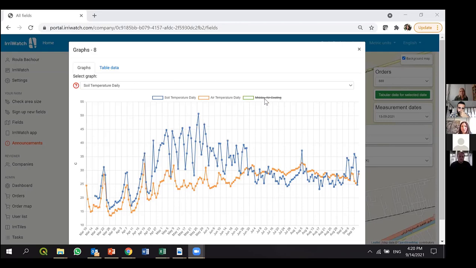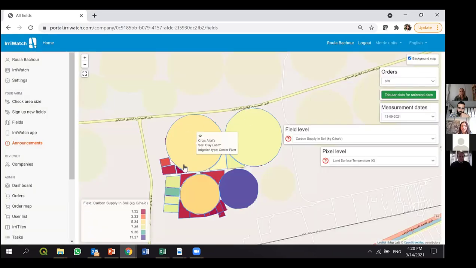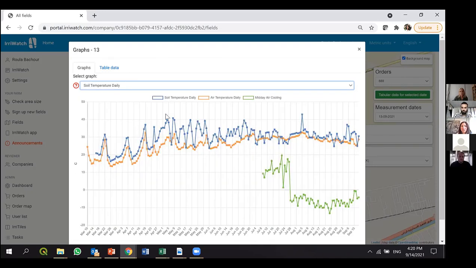We also have something that may be interesting here, what we call the midday air cooling. So this is quantifying how much cooling you are providing, depending on whatever the crop is. Let me take, maybe, some apricot tree fields. This is related to when you have all these trees growing and doing evapotranspiration and being irrigated and so on, they are creating a microenvironment, or microclimate, around these plants, and this is contributing to the cooling of the air.